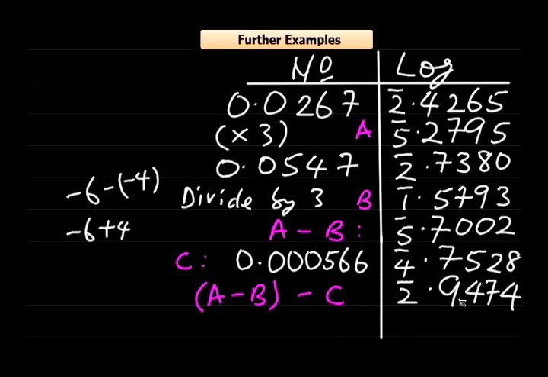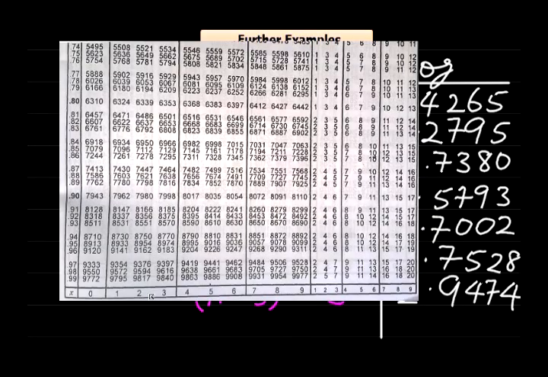We check the antilog of 94 under 7, difference 4. Put it here. So we have 94 under 7 here, which is 8851. That's 94 under 7. Difference 4 is 8.